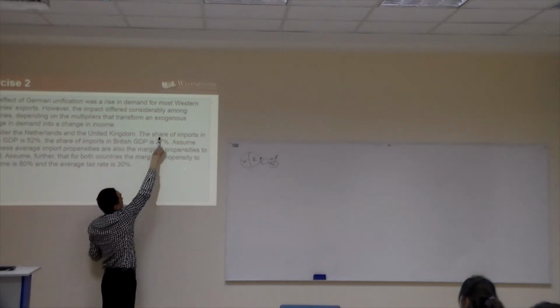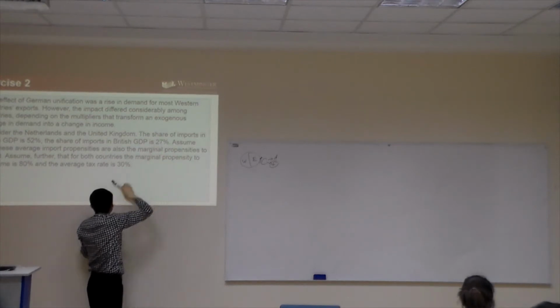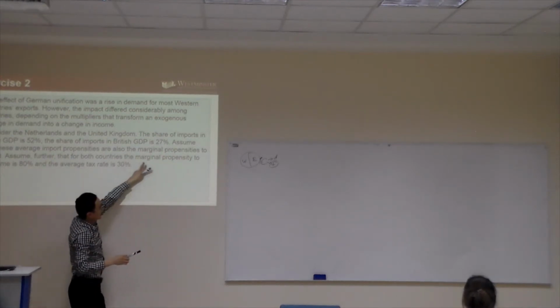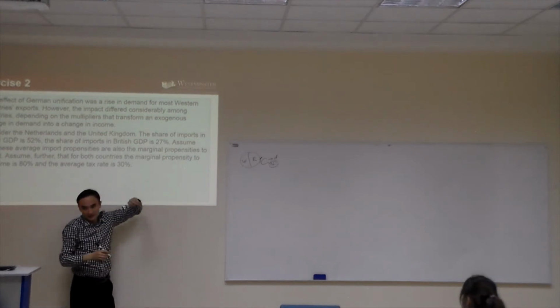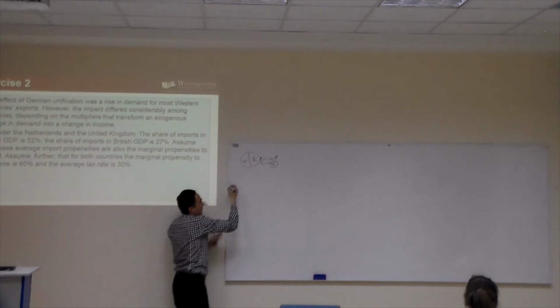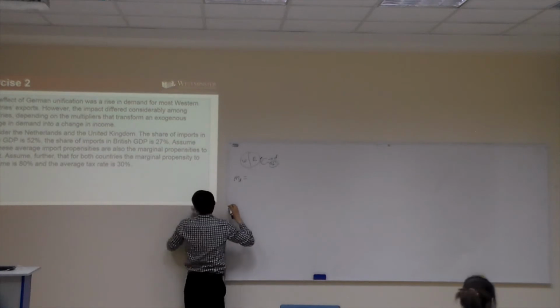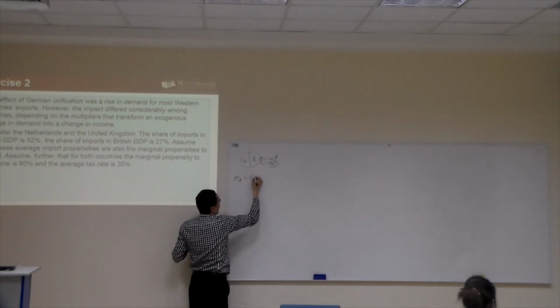Now we are making this data assumption, assumption that this data represents marginal propensity to import. Marginal propensity to import. So where marginal propensity to import for Dutch economy, Netherlands, is 52%.